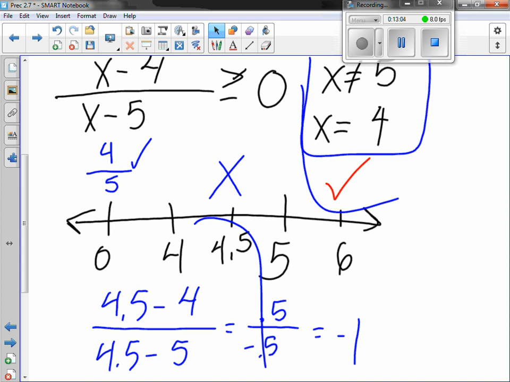So it will never equal 5 because the denominator would become 0. So we can't find the exact value at 5. But we can actually find what it approaches. So this isn't mathematical. I mean, we can't actually divide by 0.